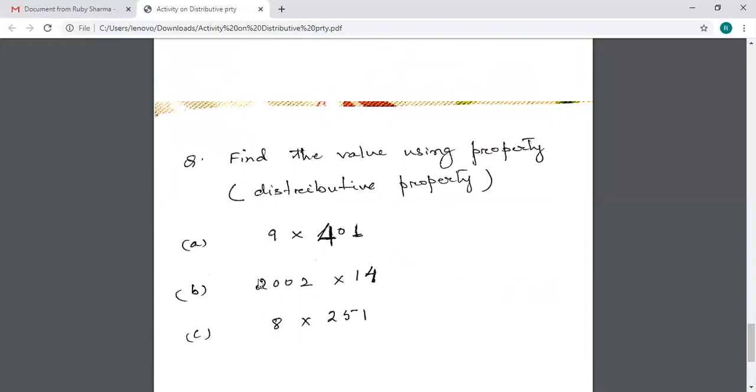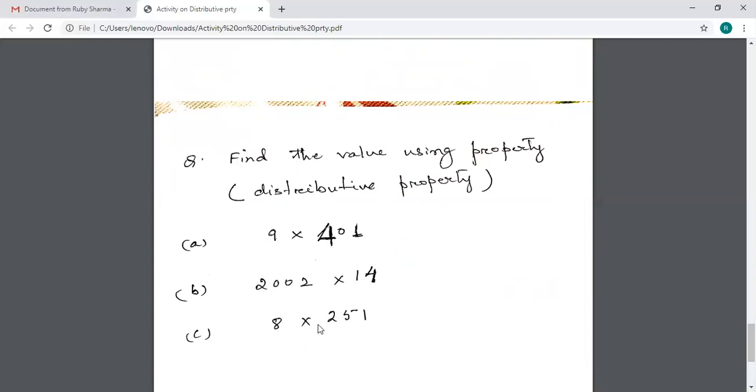So you can expand this also, 10 plus 4, and do it. Or you can first expand this to 1000 plus 2 into 14. Then you write the next step, then divide into two parts, 1 and 2, like the original sum when two numbers are multiplied. Then break up 14 again into its expanded form, 10 plus 4, and calculate.